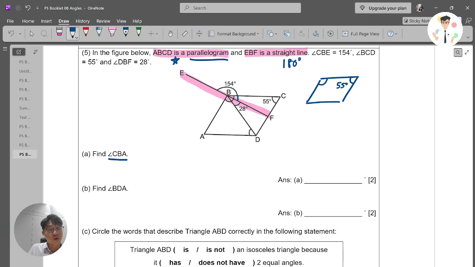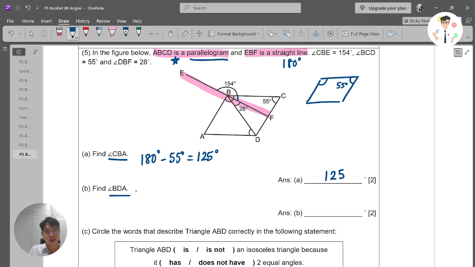And again, based on the theory that you have learned, or the tips that you have learned from parallelogram, the angle here plus the angle here is actually 180. So I should use 180 minus 55 degrees. Then I'm able to find this, which is 125 degrees. So 125. Oh, these 2 points, very nice. And let's look at the next question.